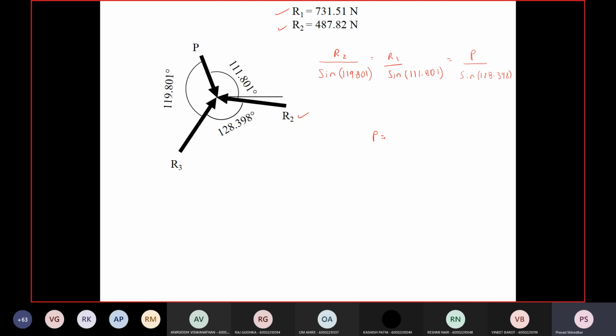Find P. Sir, P is 440.57. Correct, 440.574.